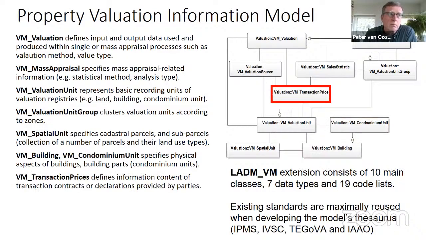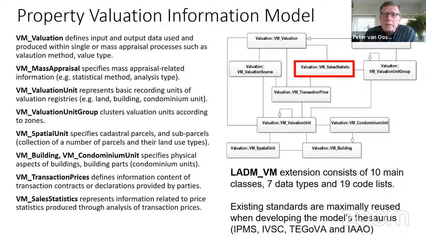For valuation, probably the most important input is historical transaction prices. But that was the history, so how is this history developing? That is what the statistical models are for. The collection of transaction prices in sales statistics is often input for the valuation processes.